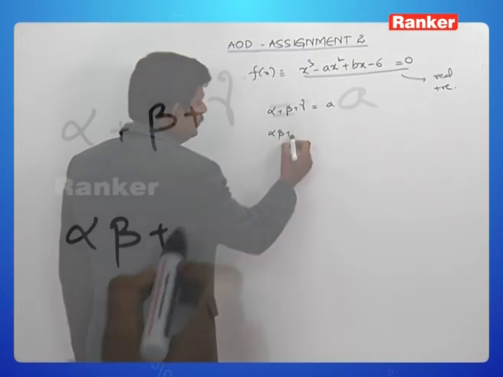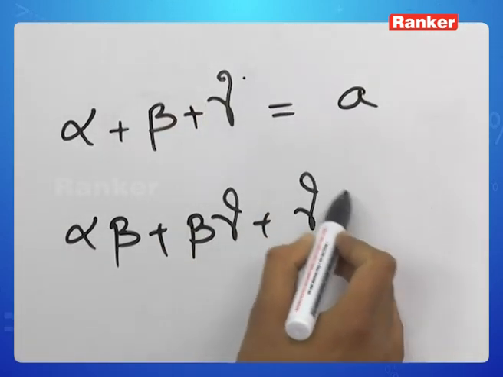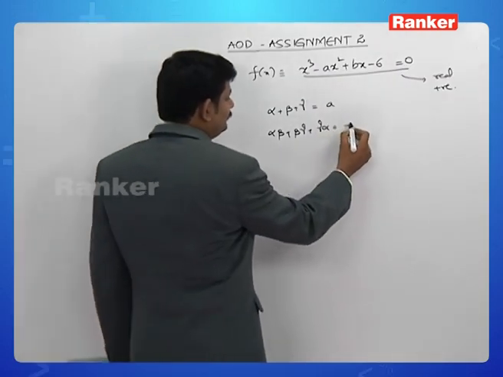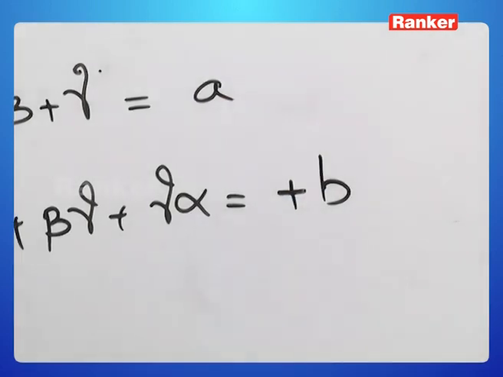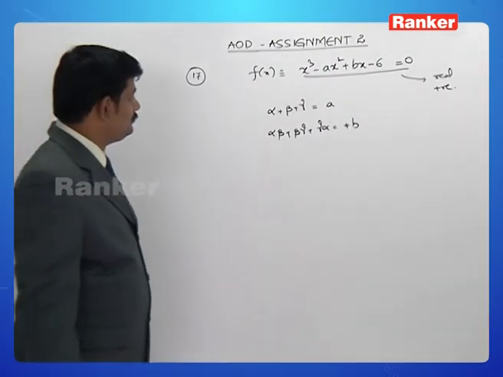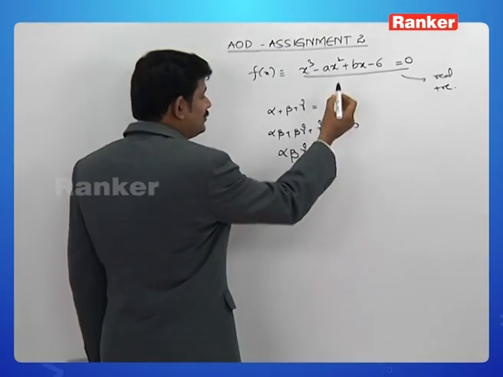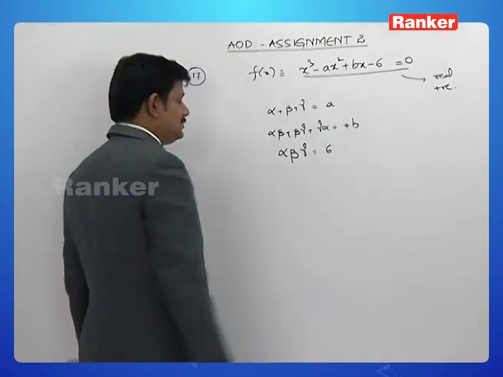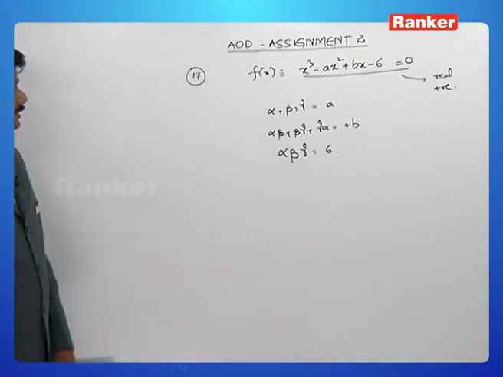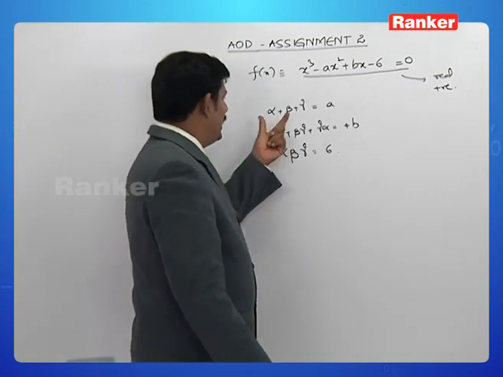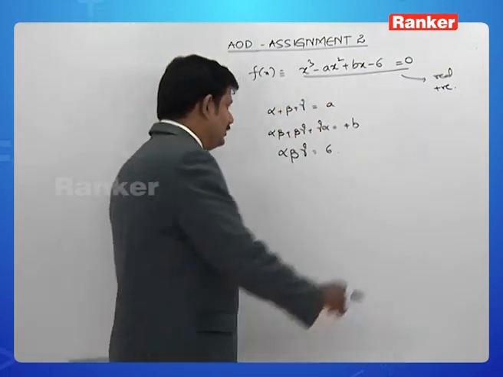Alpha beta plus beta gamma plus gamma alpha, sum of the roots taken 2 at a time, is b, and product of the roots alpha beta gamma is minus of minus 6, which is 6. Alpha beta gamma is 6. Alpha beta plus beta gamma plus gamma alpha is b. Alpha plus beta plus gamma is a.